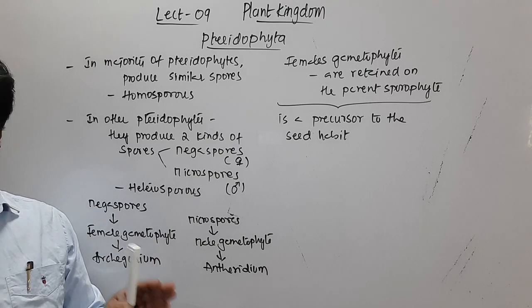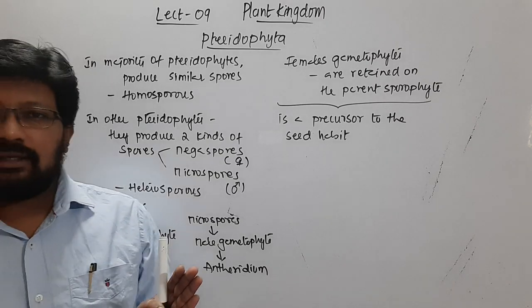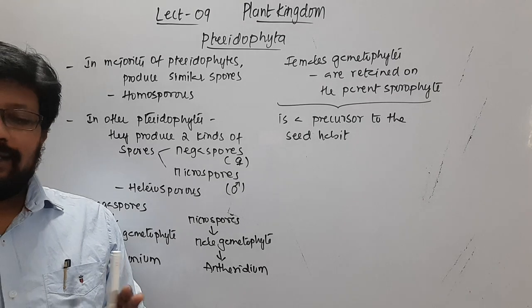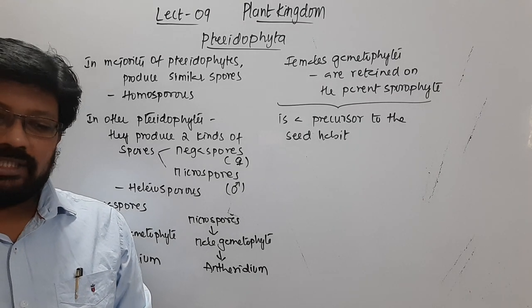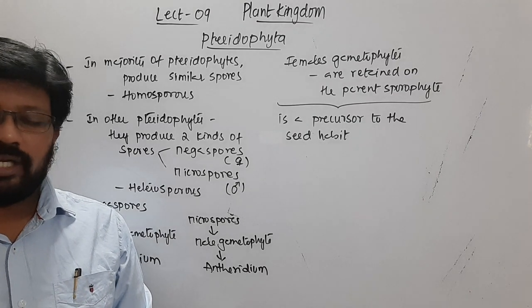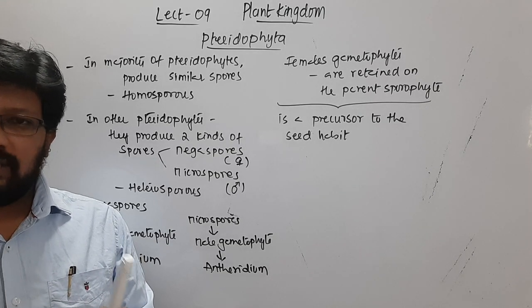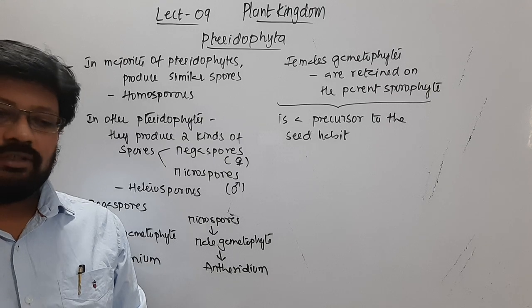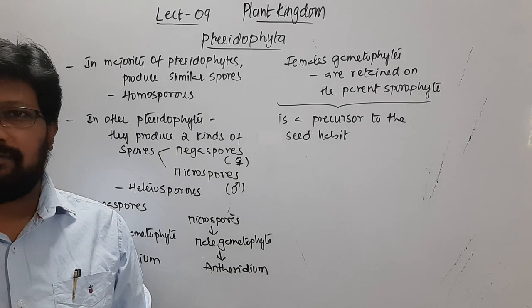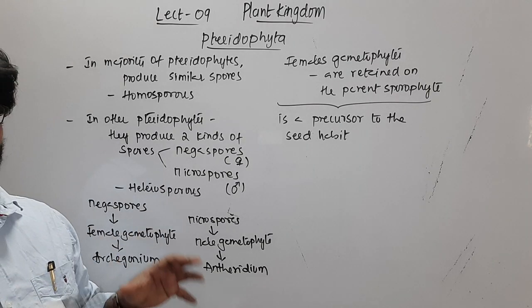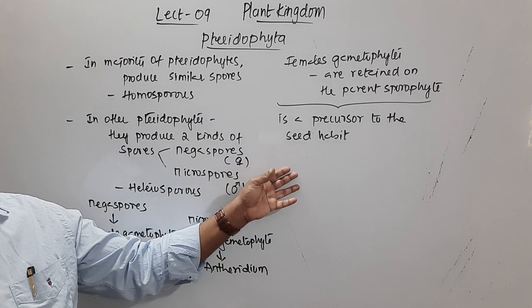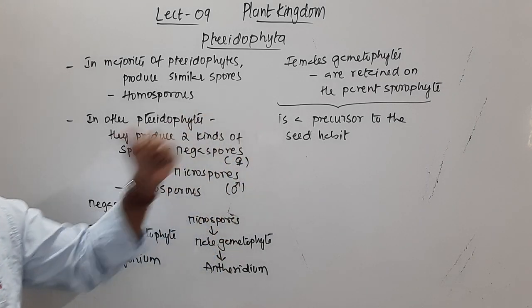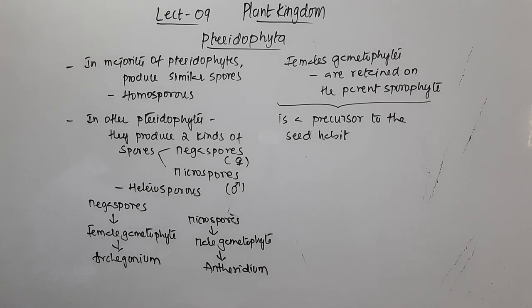Whatever tree you see is the sporophyte, and the gametophyte, as I told you, is present in the flowers. The seed is actually a sporophyte, so its formation takes place on the parent sporophyte itself. That started from this group called pteridophytes. So female gametophytes are retained on the parent sporophyte, which is a precursor to the seed habit.